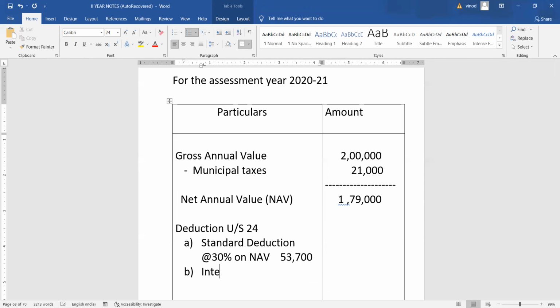Then interest on house loan. Please remember, the interest on house loan can be allowed up to 2 lakhs. However, in the problem, they have given only 96,000.